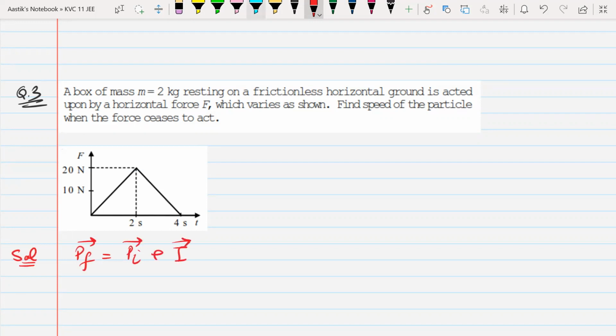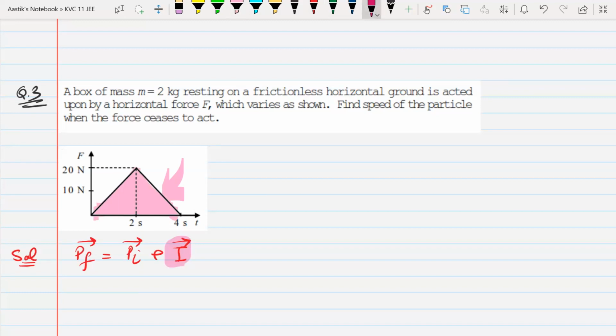How will I get the impulse now? To get the value of this impulse, I just need to find out the area of this triangle. I think you know how to find the area of this triangle. What is the area of this triangle?